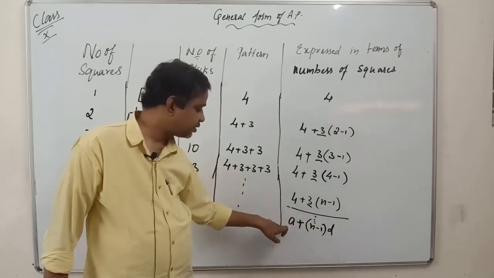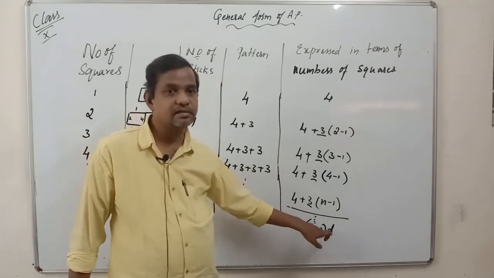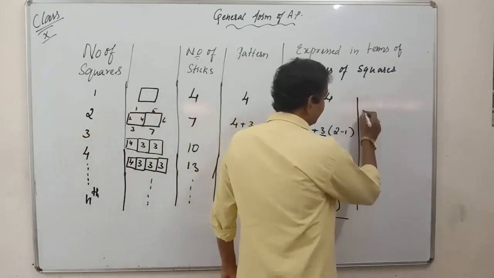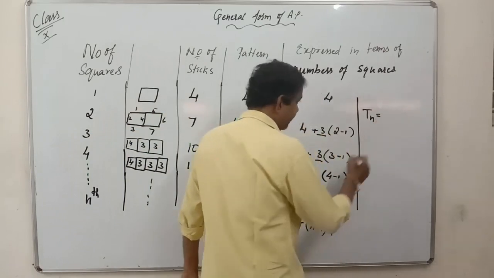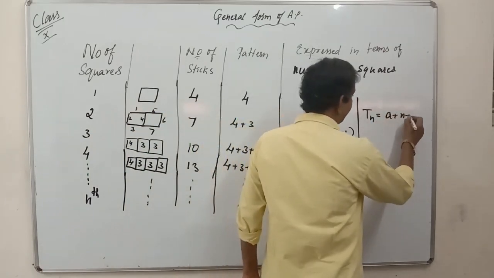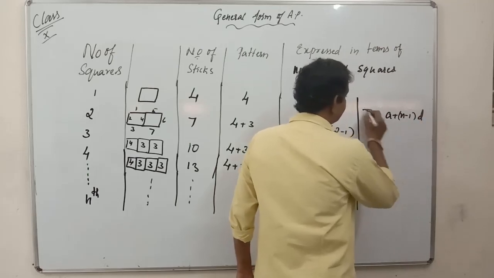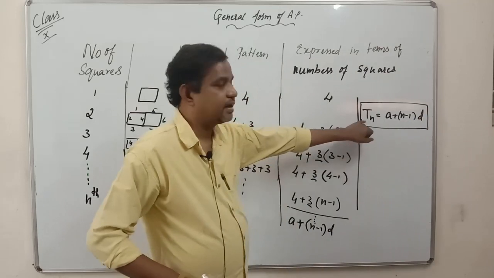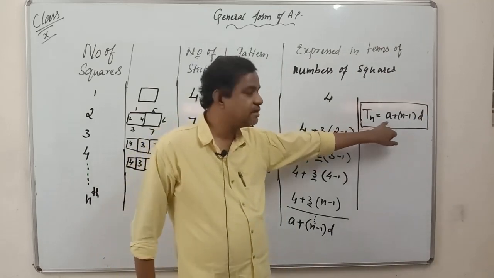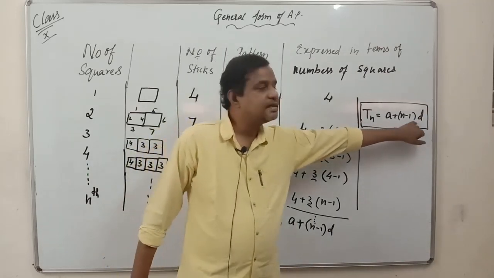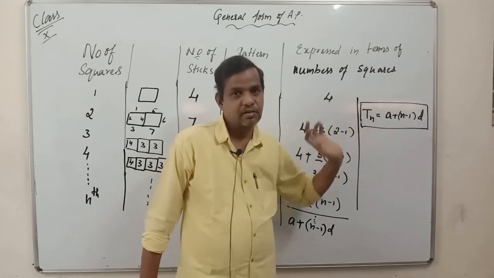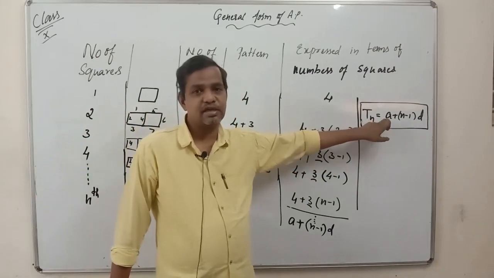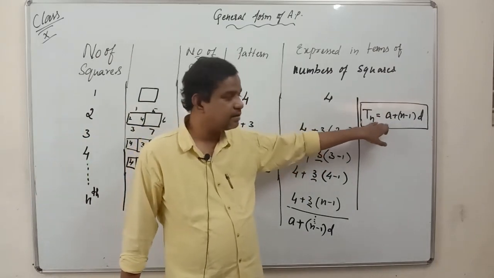So A plus n minus 1 D, or in general we can write Tn equals A plus n minus 1 D. This is the general formula of the arithmetic progression, where Tn is the nth term, A is the first term, and D is the common difference. So the general form of AP is Tn equals A plus n minus 1 D. I will tell you in detail, just copy this one.